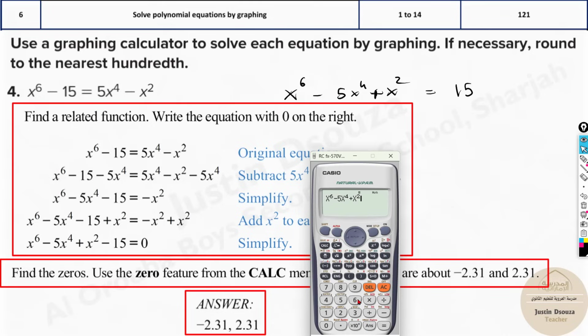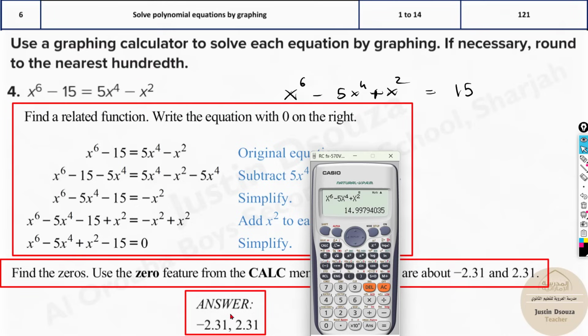Now calculate this at 2.31. What is the answer? The problem is we have not taken the full value. It was basically 2.3106 or something. If I calculate 2.3106, you can see it's getting very, very close to 15.